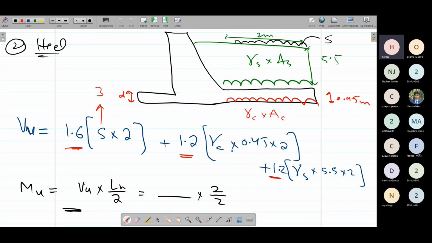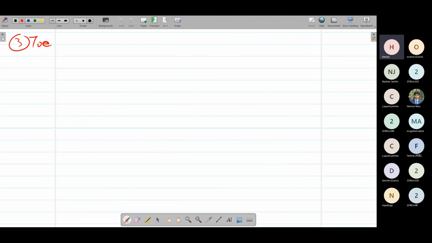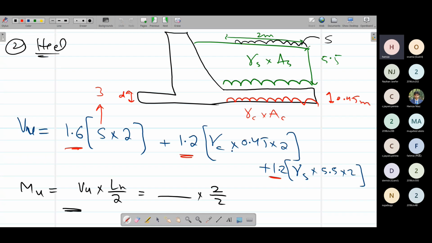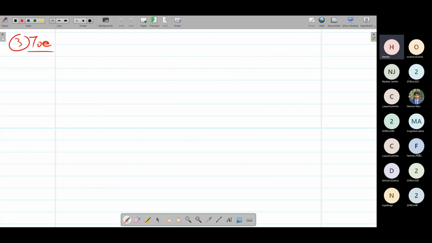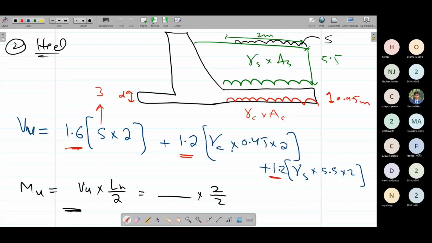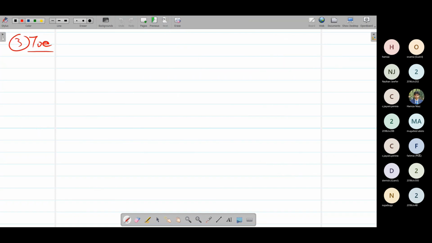We cannot provide a heel thickness of 0.45 and a toe thickness of 1 meter; that would not be fine. The method is the same: M, then rho, and then AS. So for the toe, suppose this is a retaining wall.